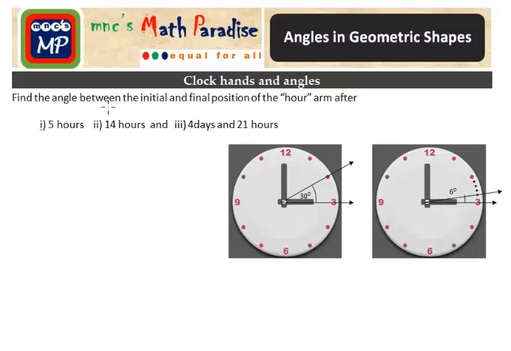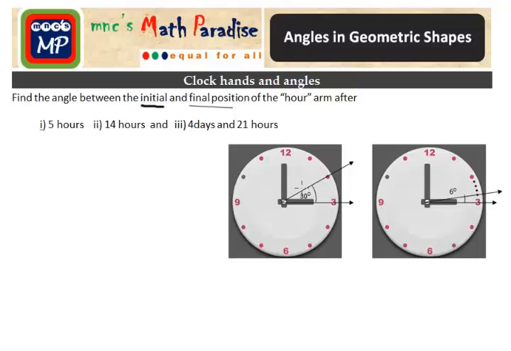Find the angle between the initial and final position of the hour arm after these hours. In our last example, we calculated how much in total the hour arm will rotate for many different hours. But what happens actually is, say if an hour arm starts from here, after 12 hours it comes back again in that position. After 12 hours it comes back again in the same position.